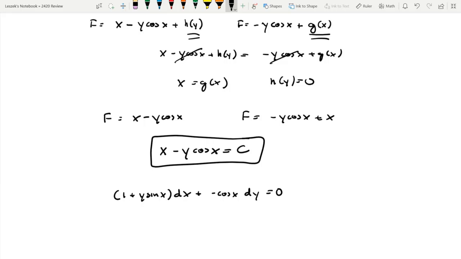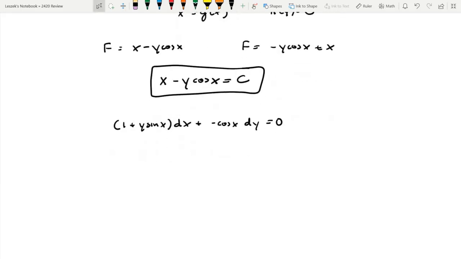All right. So the other way they do it is they realize that this should be the derivative of something with respect to x, right? So the derivative of that something, the f, with respect to x should give you that. So remember that we have that f is equal to some constant. That's our assumption.